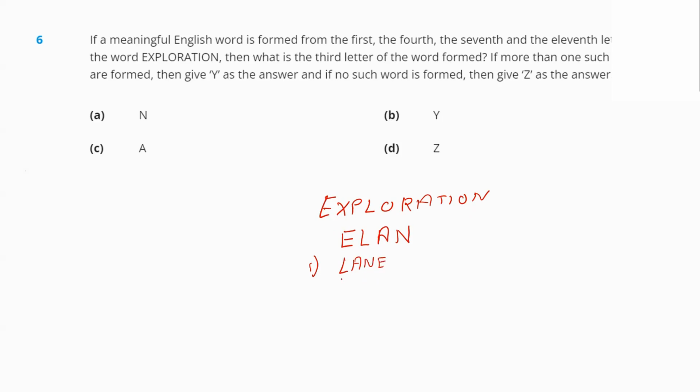Other options that we can have are lean, and many more if you think. It is written that if more than one such word is formed, give Y as our answer. So anyway, Y will be our answer. Moving on to the next question.